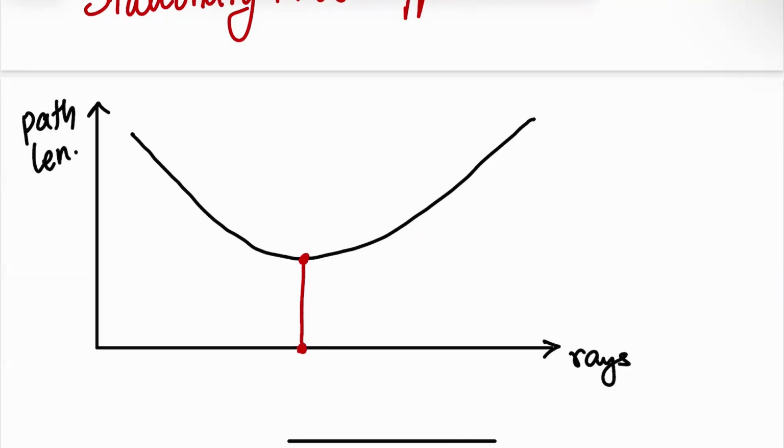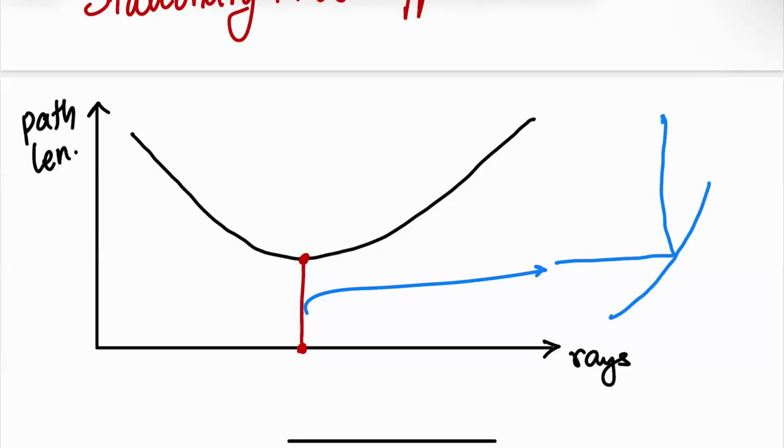So this corresponds to this ray that satisfied Snell's law. And we'll prove that right now. But essentially what I'm saying is that if you take all possible path lengths and plot them out, you'll see that the shortest distance is the one that the ray optics formulation follows.